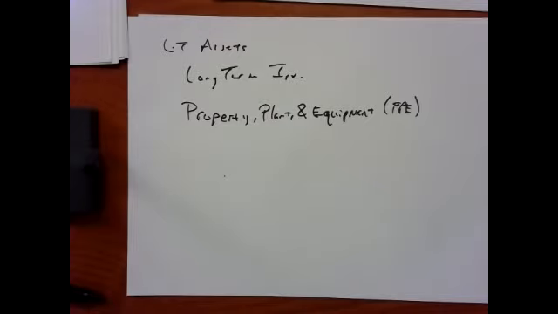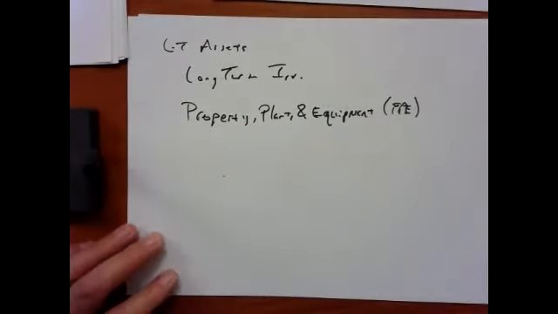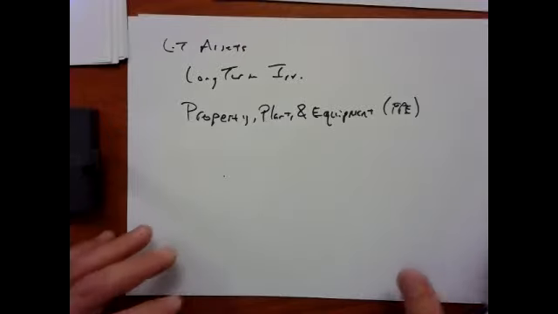This is the desks and the buildings and the vehicles and the equipment inside the organization. So we have a couple of lines, depending on the level of detail of the balance sheet you're looking at.